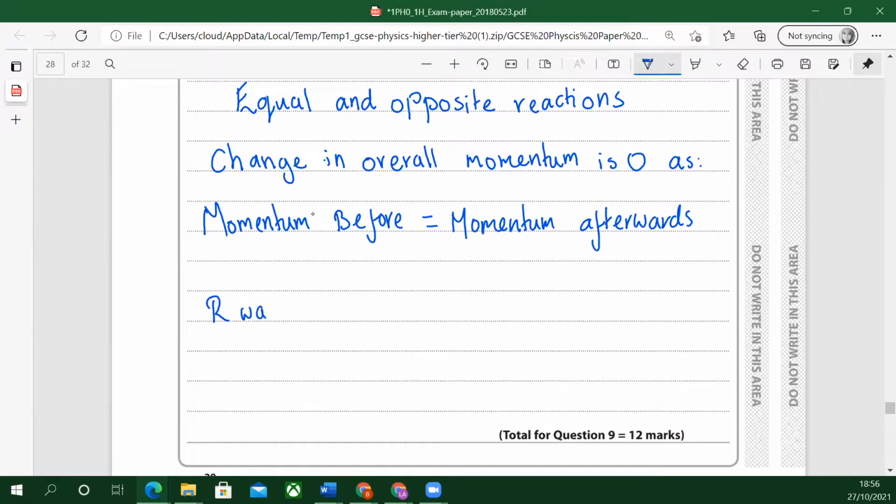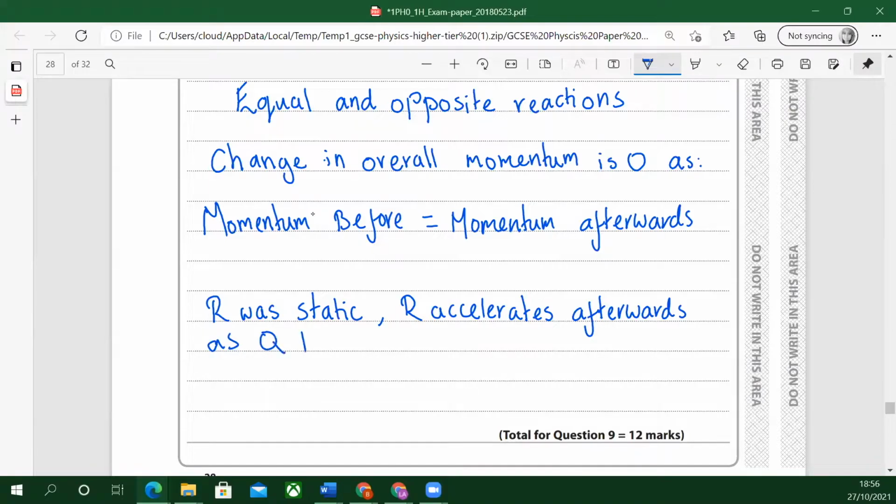R was stationary or static, meaning it's not moving. So R accelerates afterwards, as Q transferred momentum when colliding.